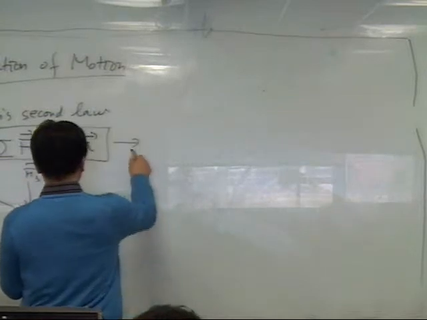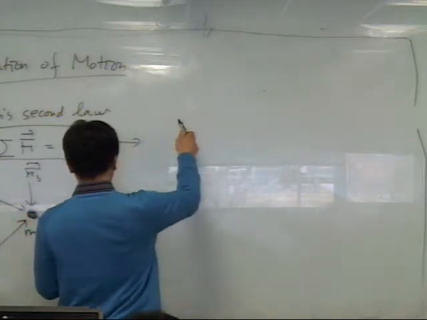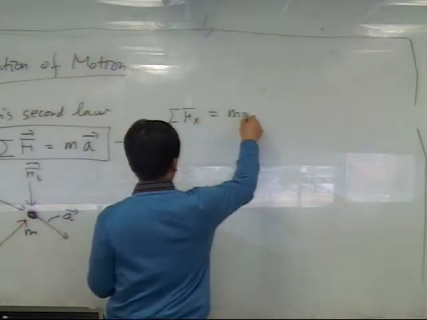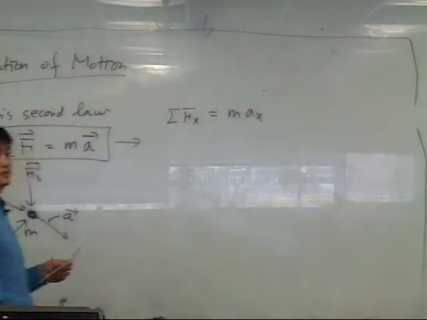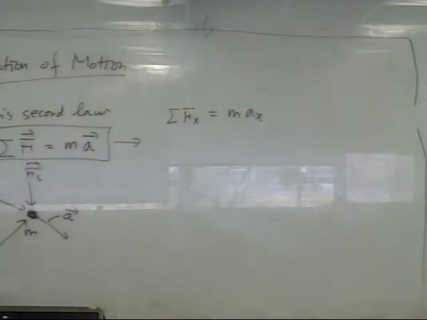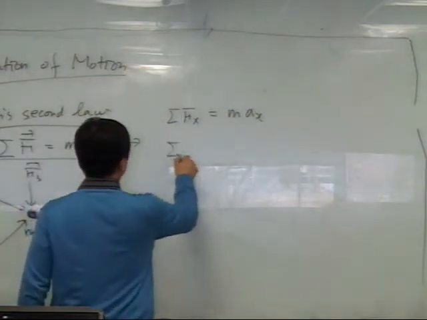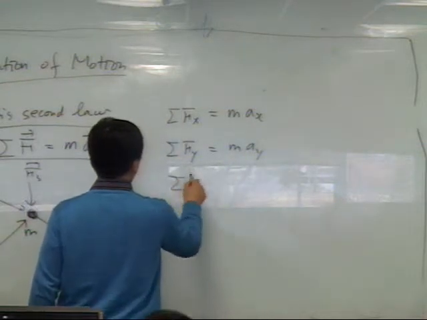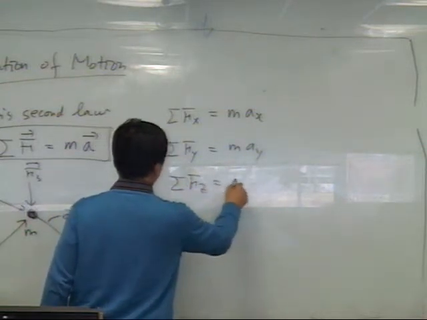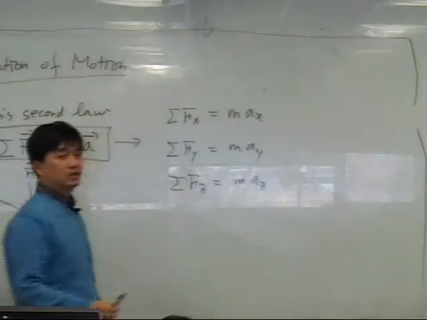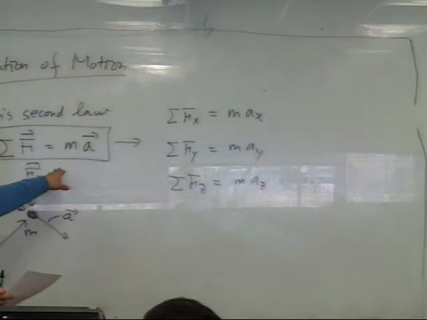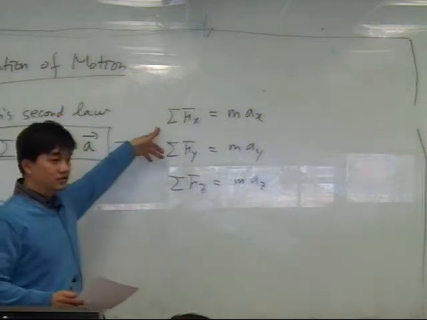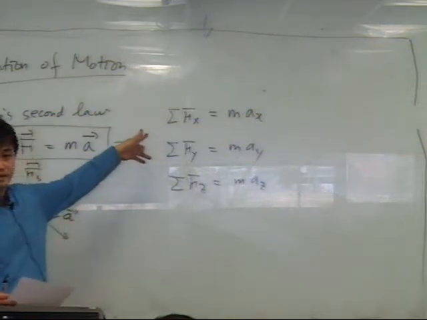Actually, this one equation tells us three equations. Sum of Fx equals m ax. This is Newton's second law in the x direction. Sum of Fy equals m ay. Sum of Fz equals m az. Right? Because here we are using vector form, this one vector equation gives us three scalar equations, right?